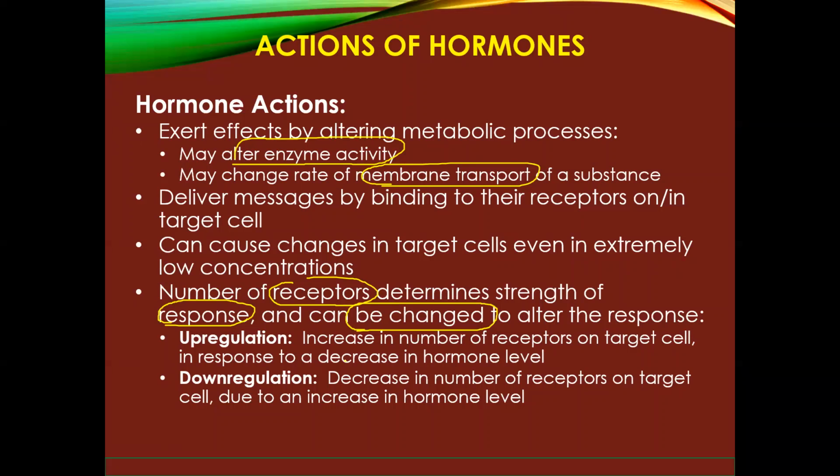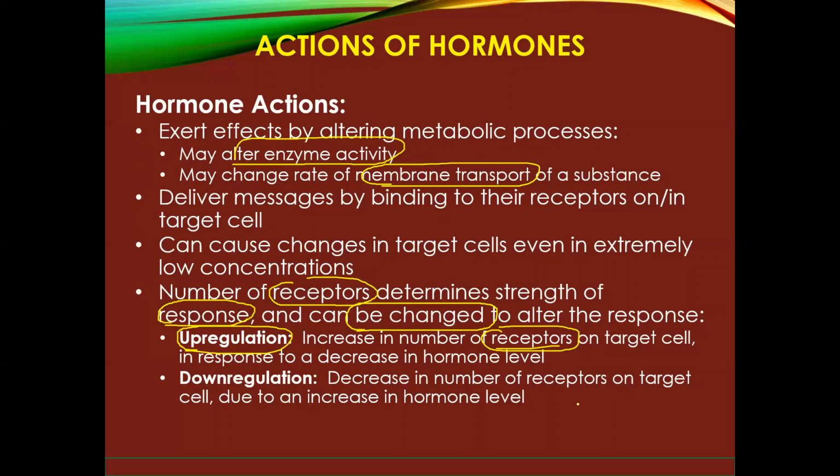For example, if the hormones coming to the target cell are very few, then the target cell will produce more receptors. And this process is called upregulation.